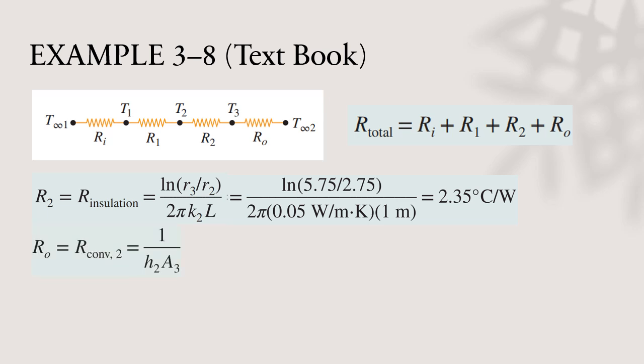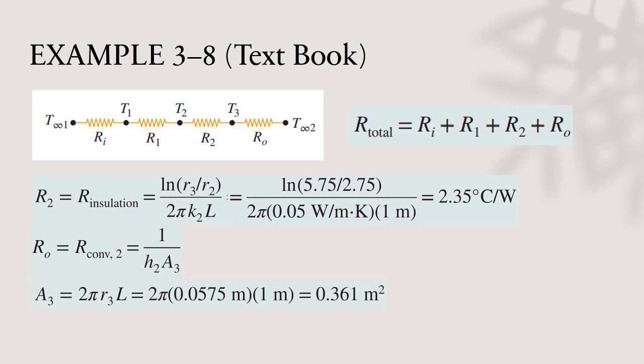And finally, we want to calculate Ro, or R at the outer surface of the insulation, by convection to the surrounding. So R convection is 1 over hA. Now H2 is given in the question, and A3 we have to calculate using similar steps that we did for the pipe.